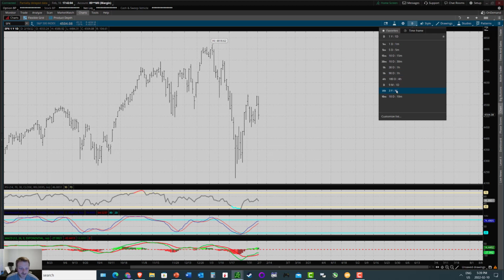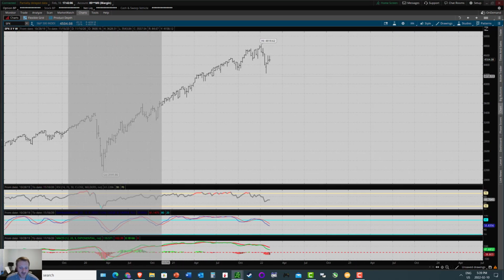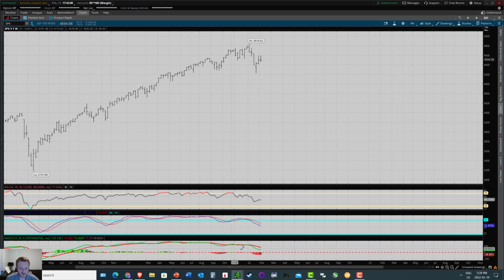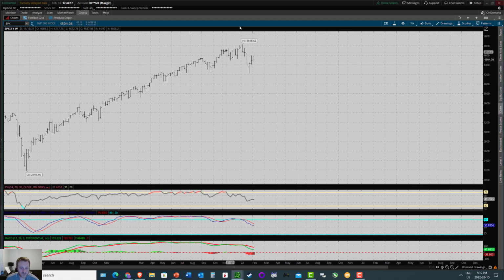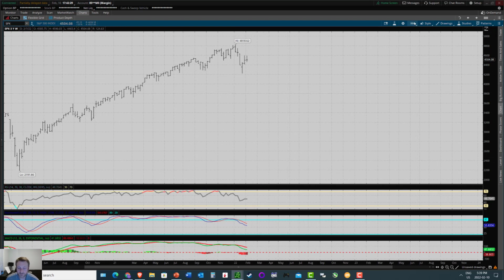But if we go to the weekly, and again, this is all a function of the time frame, the trend according to MACD is still up, although we're in some sort of corrective period, which makes quite a bit of sense with what we're seeing in price. To me, it looks like we are still in an overall uptrend on the larger time frame, but we're in a corrective period, possibly working on getting out of it.